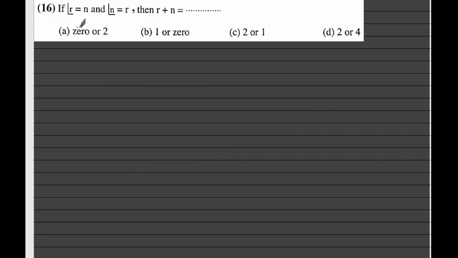We have factorial r equals n, and factorial n equals r, then r plus n equals one of these. When n equals r equals 1, what do we get? Factorial r equals n and factorial n equals r.